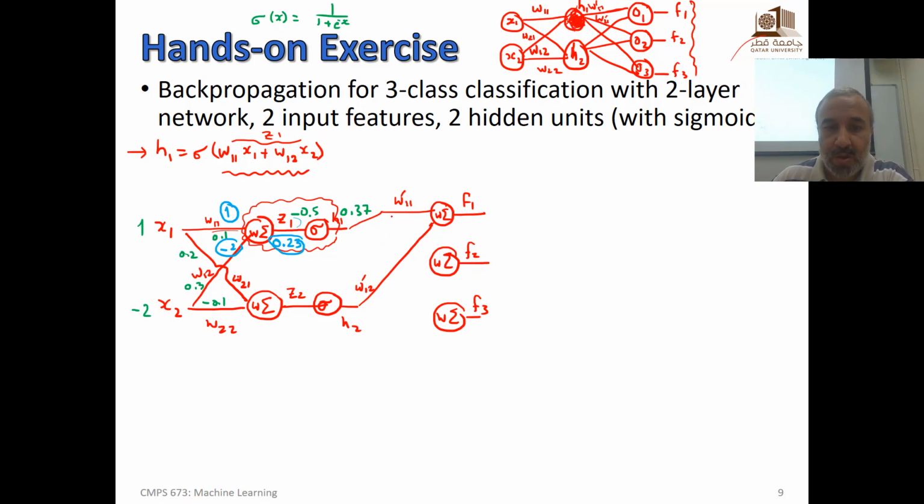For F2 we get H1 times W21 prime and from H2 W22 prime. For F3 we get W31 prime and W32 prime.